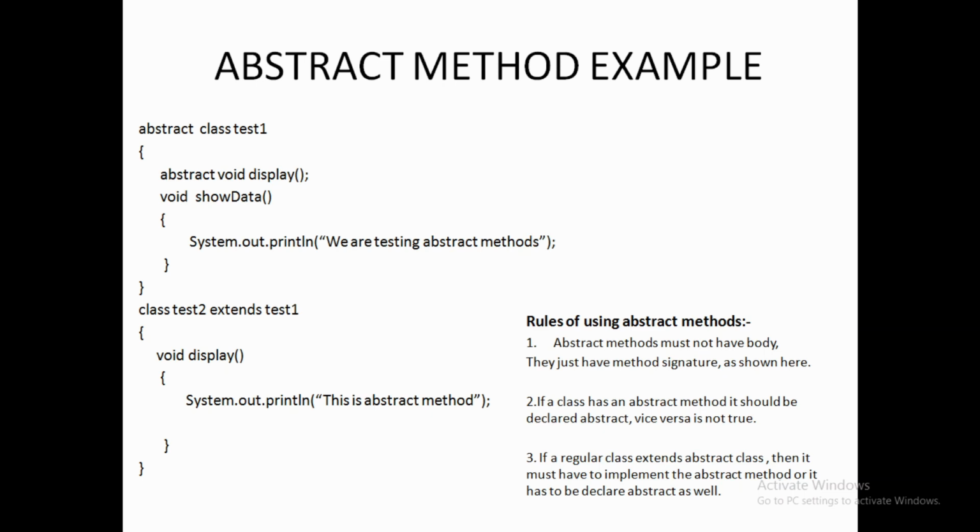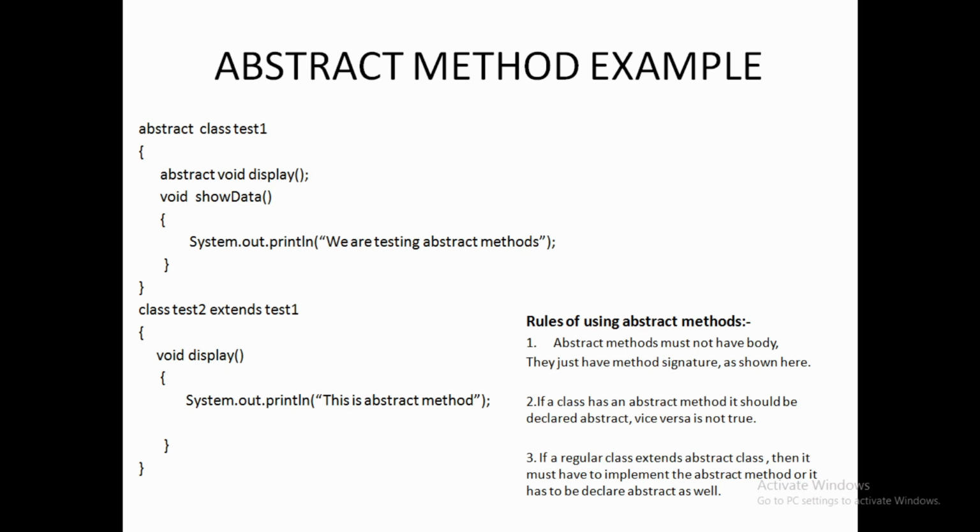If a method is declared abstract, it must not have a function body. As you can see here, the show data method, which is a non-abstract method, has the function body, but the display method, which is an abstract method, does not possess a function body. This is the first point.